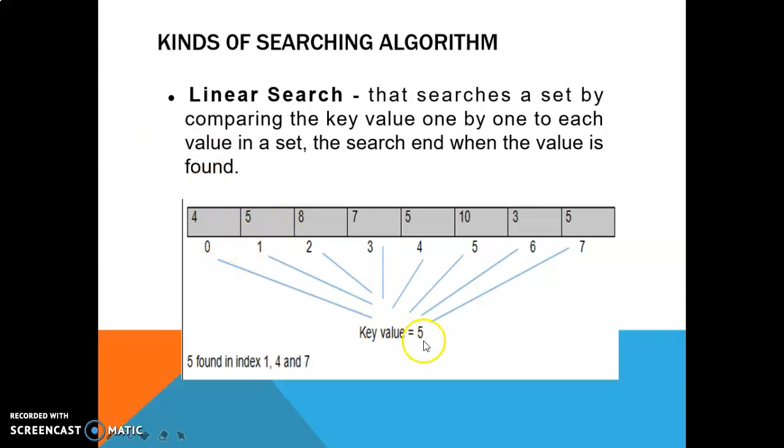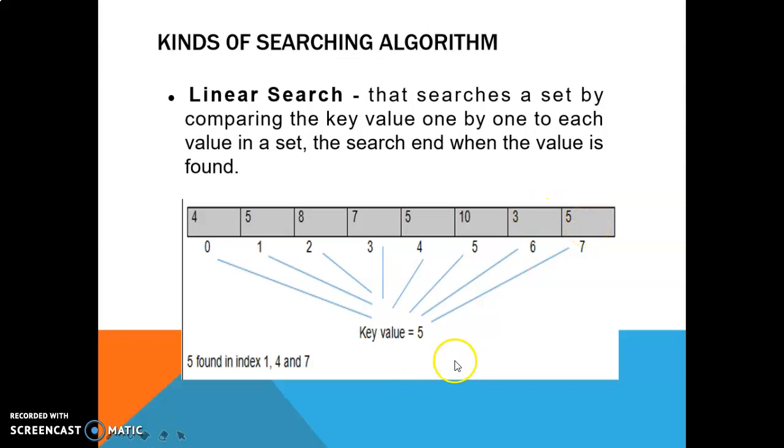Since equals 5 at nahanap ko sa position 1, i-output ng program nyo na si 5 ay nahanap sa index 1. Okay? Pupunta na naman siya dun sa next element, iisa-isahin niya yan, then i-output ng program nyo kung saan-saan location niya nakita si key to search nyo. So, in this case, nahanap si 5 sa index 1 at sa index 7.